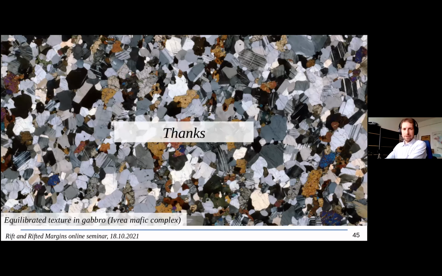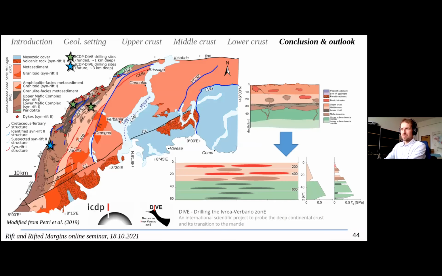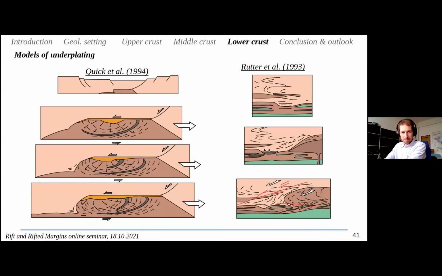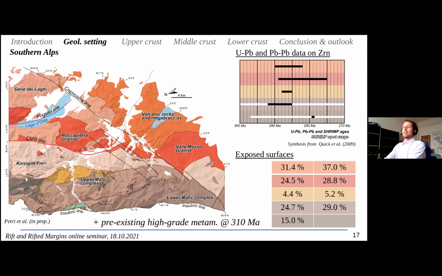Well, it really depends where you are, in fact. For instance, let me take this slide. If we are in the mostly mafic part of the Ivrea zone, we have most of the crust that is magmatic, in fact.